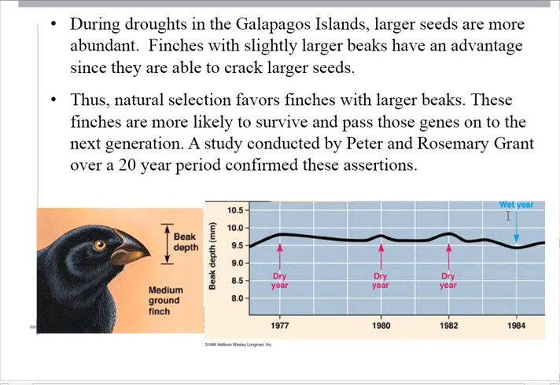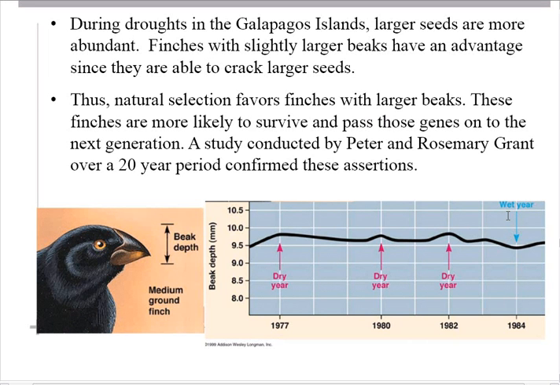But in dry years, during droughts, the plants are not producing as many seeds. Because they're not producing as many seeds, there are fewer of all kinds of seeds available. Because of that, most of the birds don't have beaks that are strong enough to crack open large seeds. The large seeds are harder and require a larger beak to crack them open.